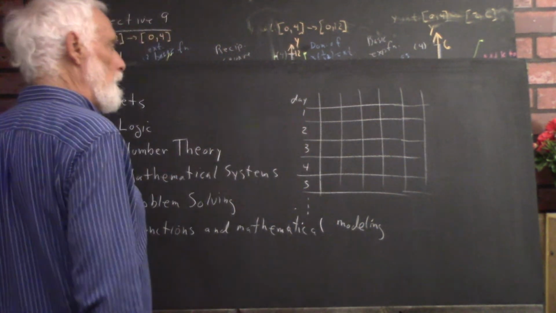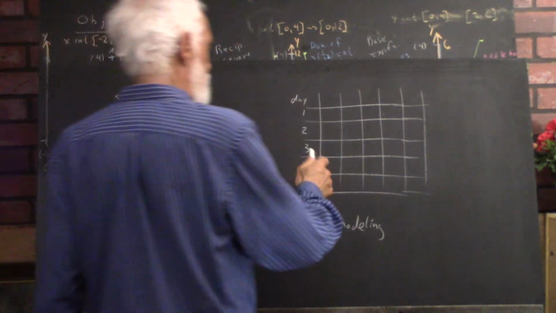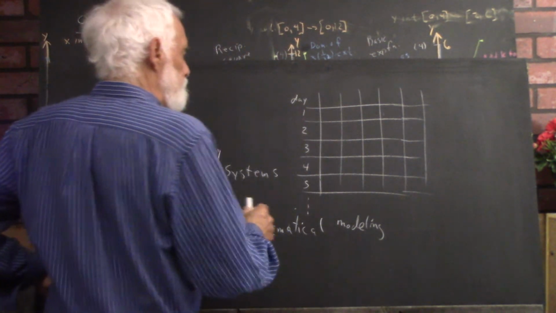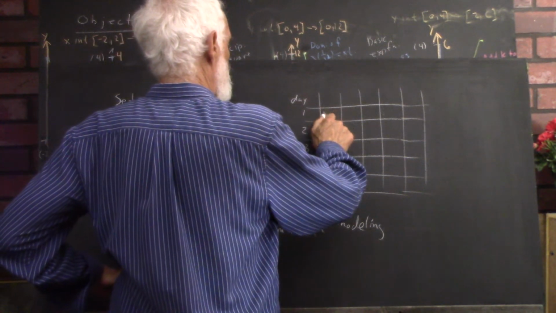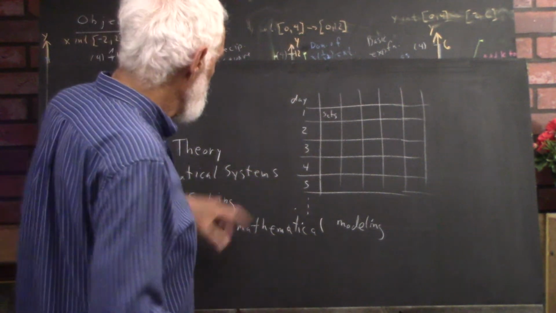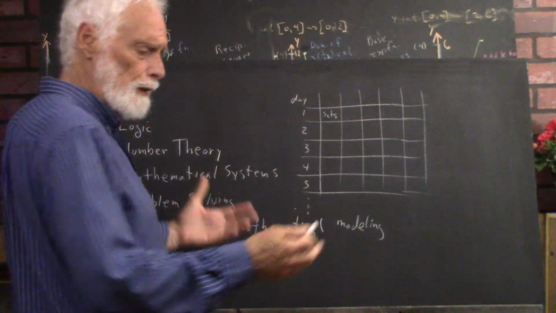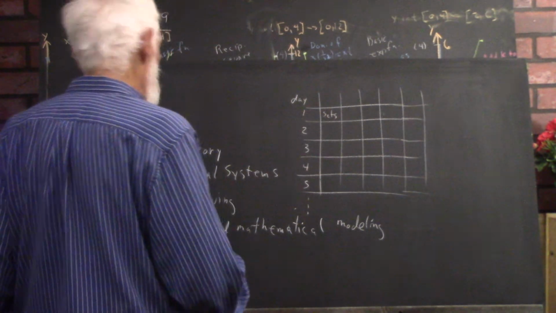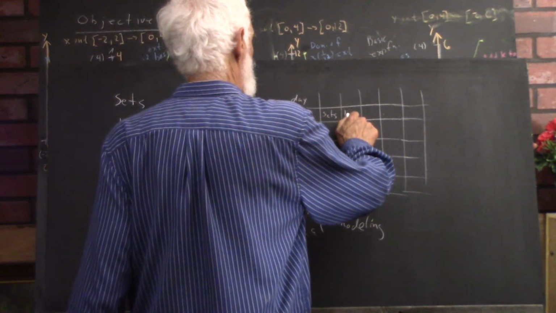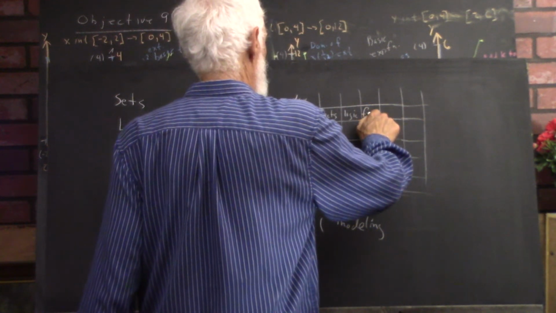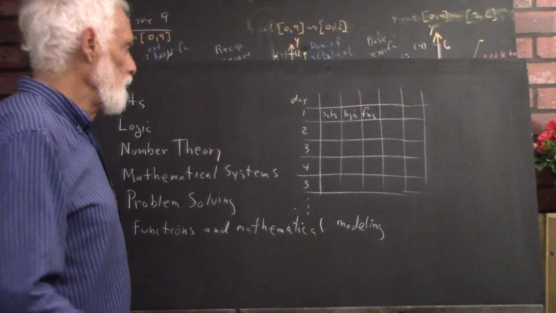I've got day 1, day 2, day 3, day 4, day 5. I've got, let's say, first day, and this is actually probably fairly realistic, and I'm writing kind of small here, so tell me if you can't read it, but it's not real important right now. It says sets and logic. And FNS stands for functions.